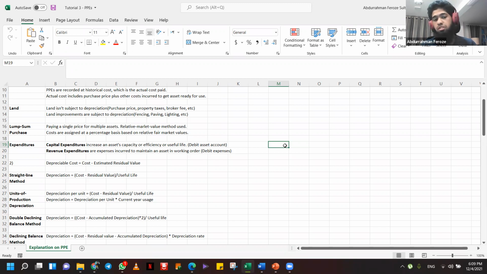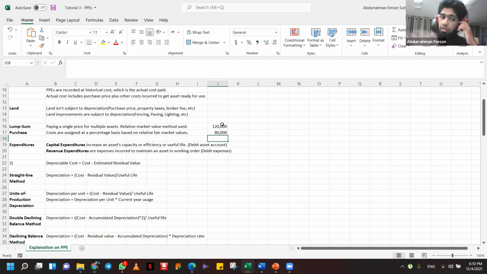So the way you do this, I'll do a small demonstration here. Let's say the fair value, the market price, of the land is 120,000, all right? And then the market price of the building is 80,000. But you have bought the whole thing for 150,000.